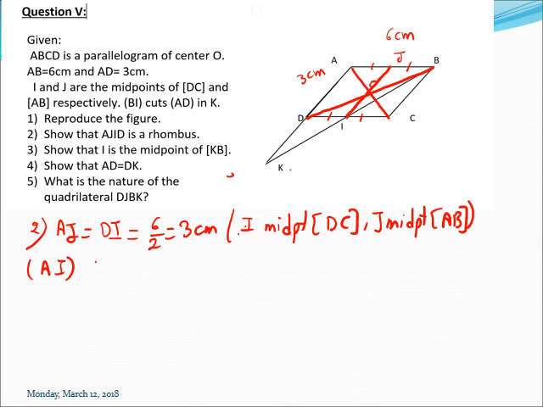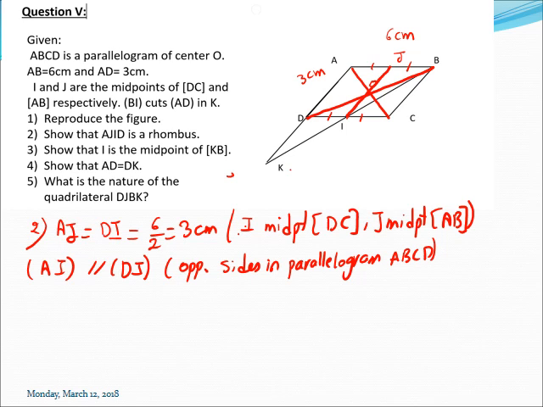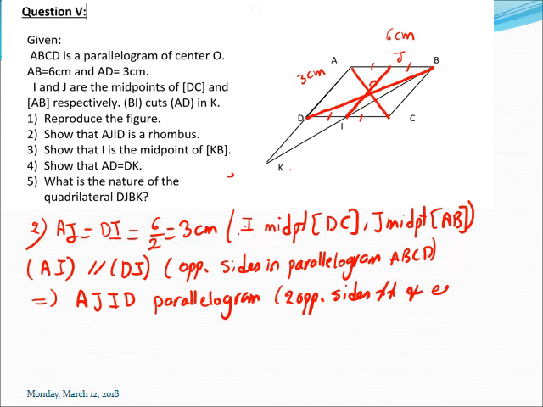AJ is parallel to DI, opposite sides in parallelogram ABCD. So AJID is a parallelogram. We use two opposite sides parallel and equal.